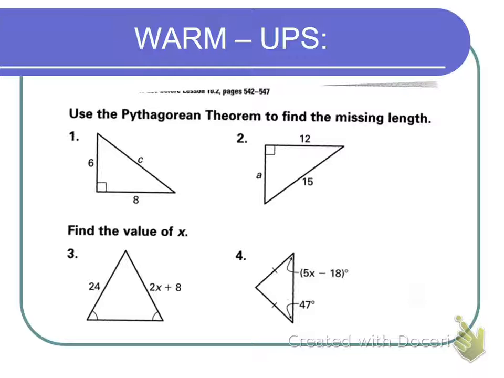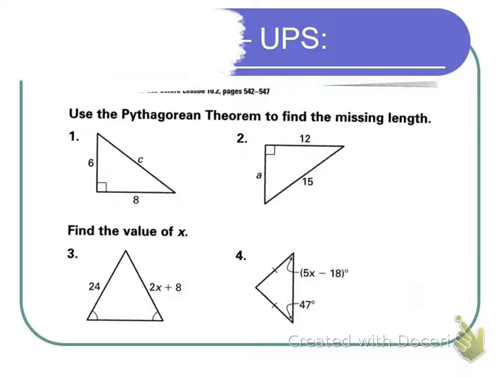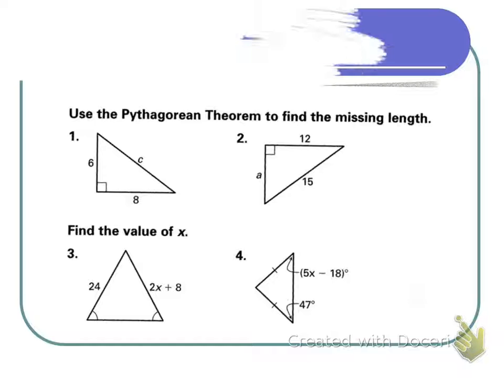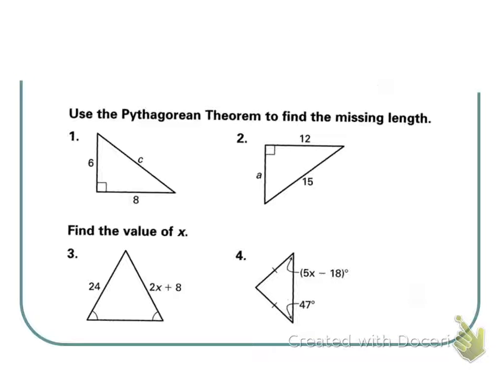But just as a reminder, what is the formula that we associate with the Pythagorean theorem? Good. A squared plus b squared equals c squared. So on numbers 1 and 2, that's what you should be using. I'll give you a few minutes to give those a try before we go over them.